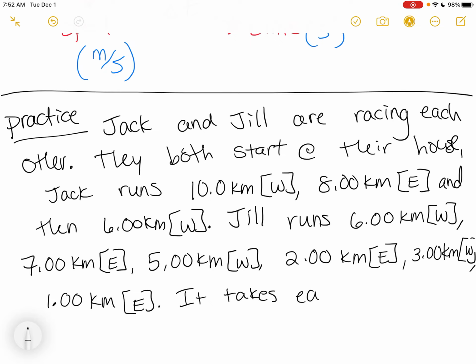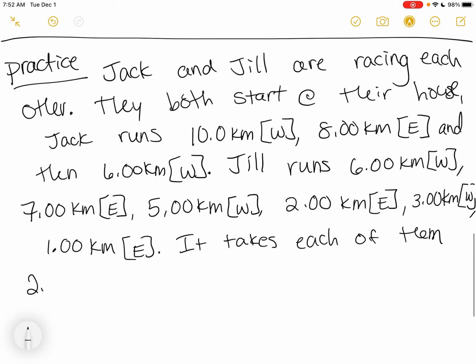It takes each of them 2.5 hours to run their respective routes.